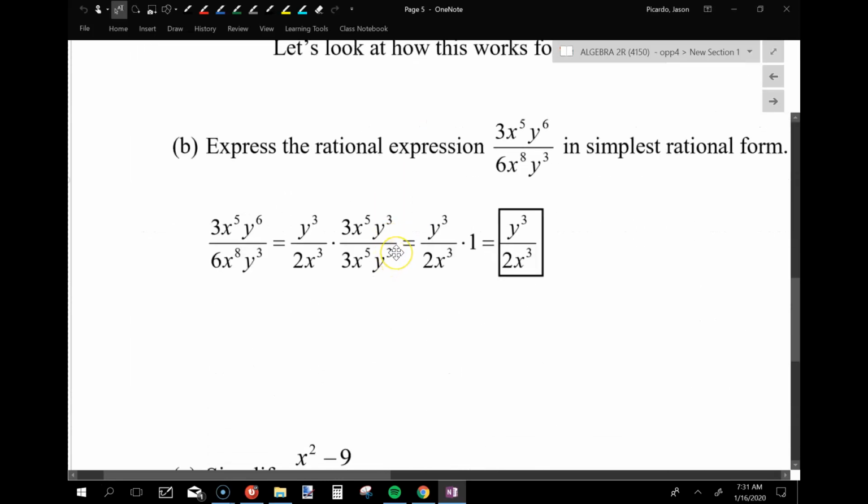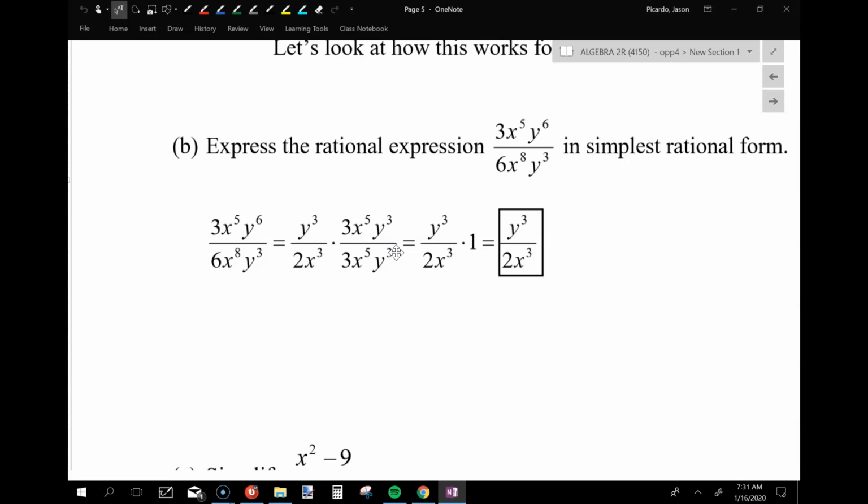So how does it work when I throw some variables in there? Here I have a fraction, and it's now a rational expression because I have the variables in there as well, right? So I'm a little bit more specific.